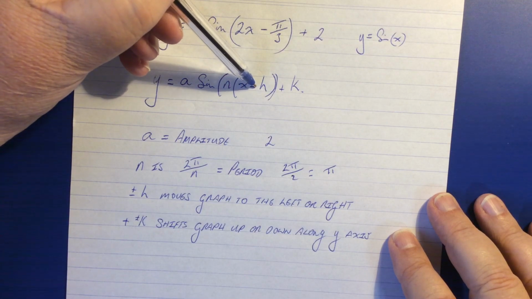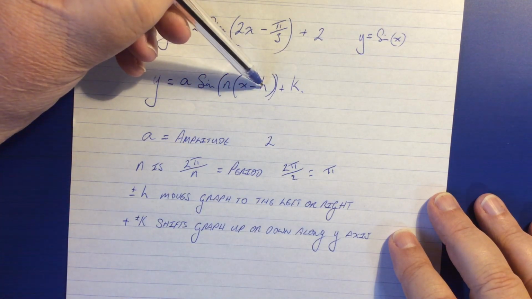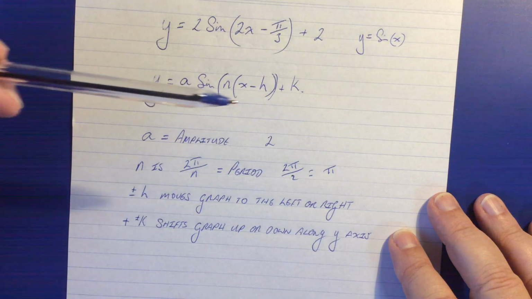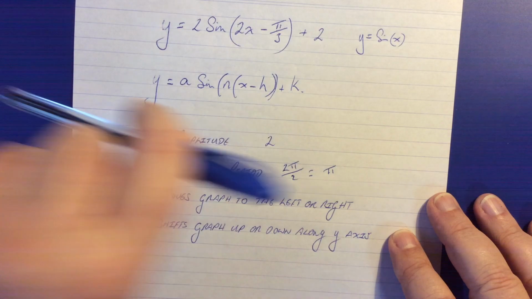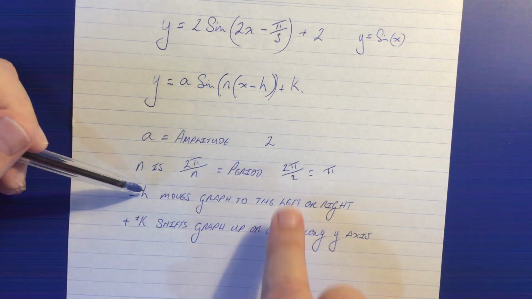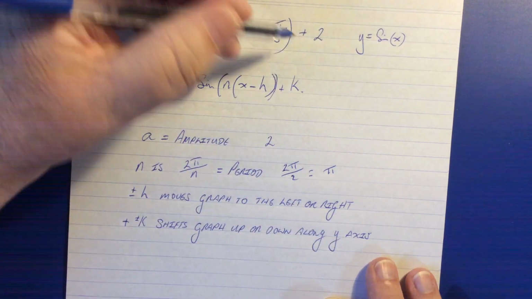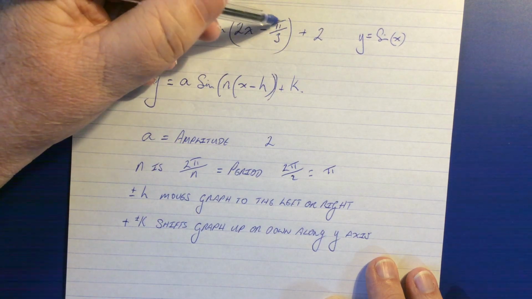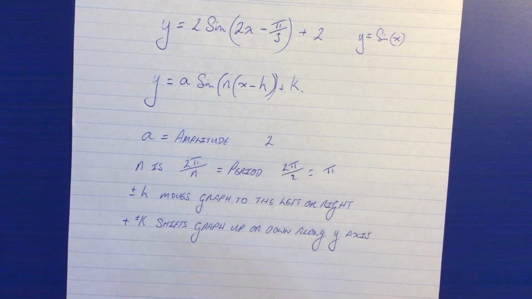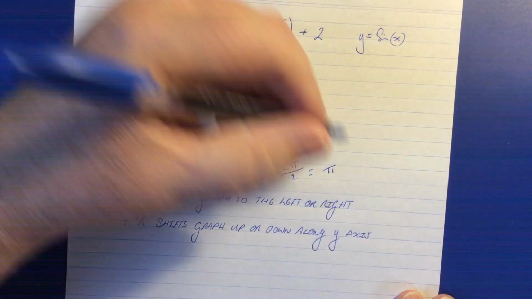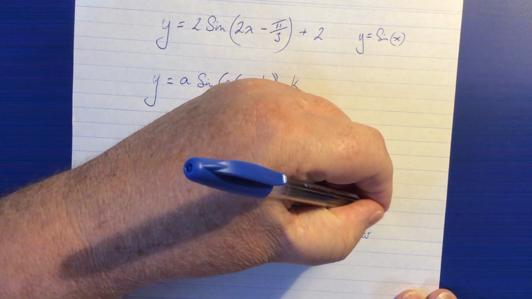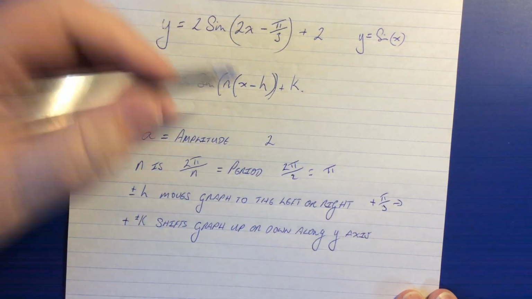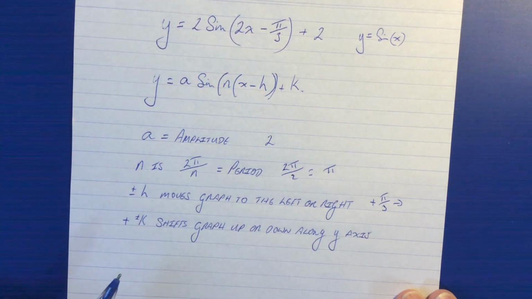If this is negative, it moves the graph in a positive direction. If it's positive, it moves the graph in a negative direction. So what has happened here is we're moving the graph pi on 3, which is 60 degrees, measured along the x-axis. We're moving this pi on 3 in that direction because that's negative.